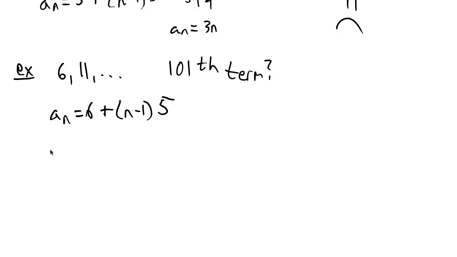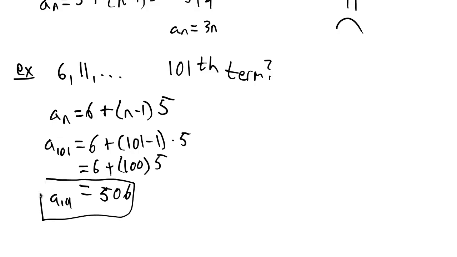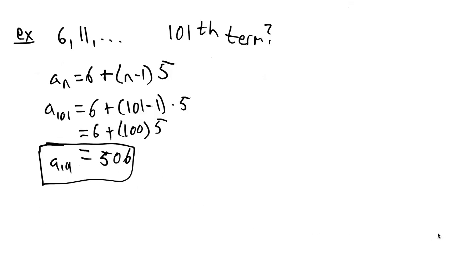Now, if we're looking for the 101st term, this becomes 6 plus 101 minus 1 times 5, or 6 plus 100 times 5, which gives us 506. Much simpler than trying to figure this out using recursion or using the previous ways we had for solving the explicit formula.